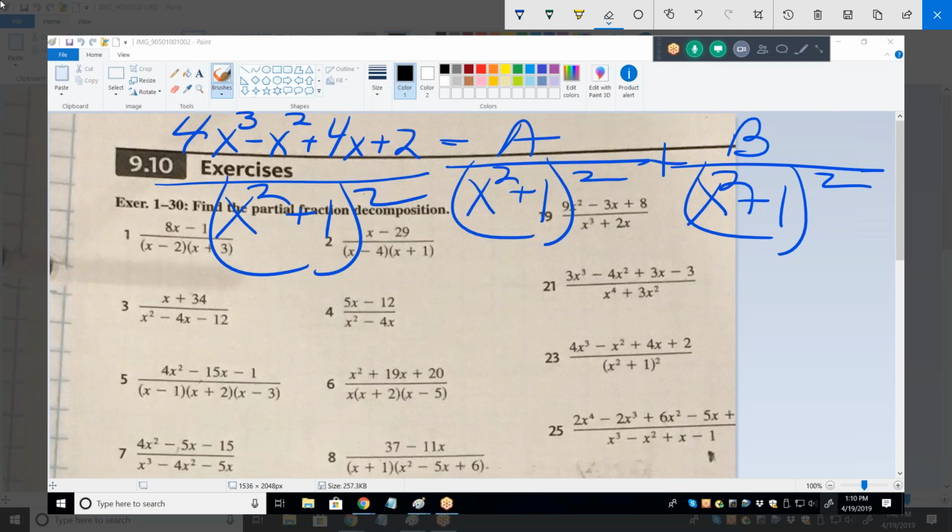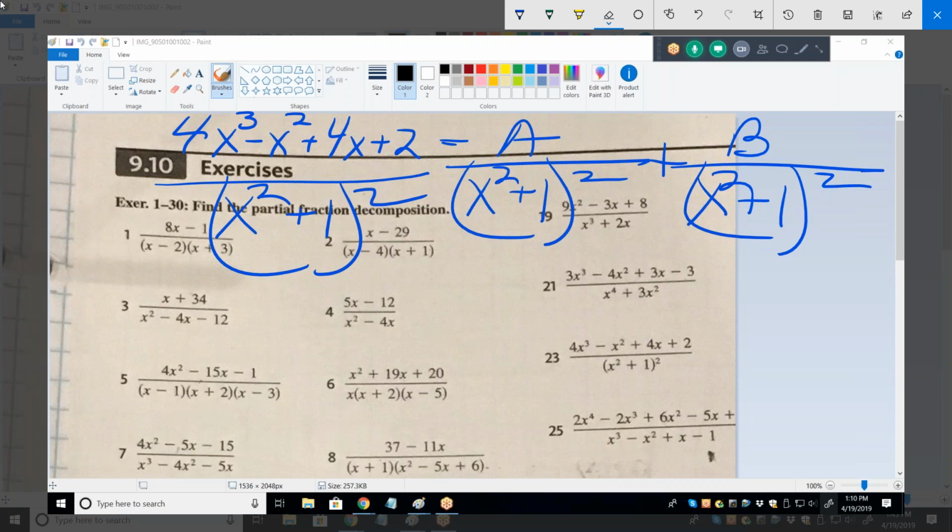And then you had... Well, hold on a second. I'm going to have to look this up because this is where it gets really complicated. This is a repeated linear factor. No, it's not even a repeated linear factor. It would be quadratic. It's a repeated quadratic factor.